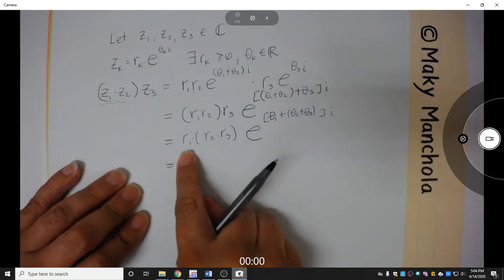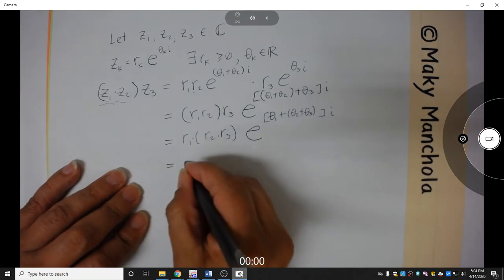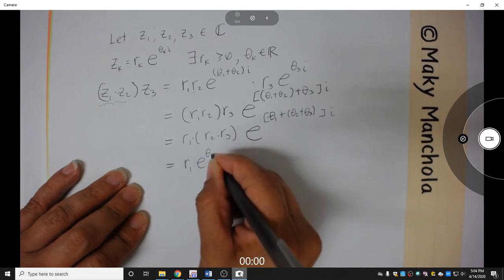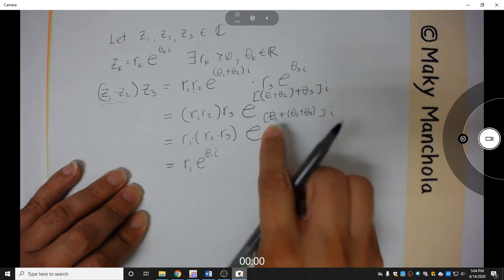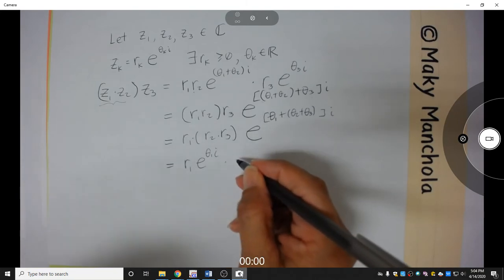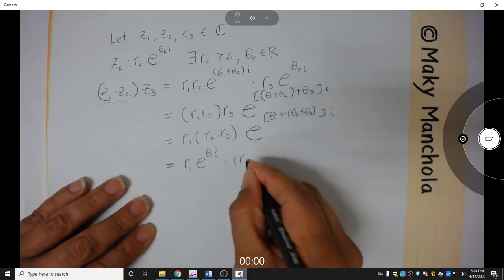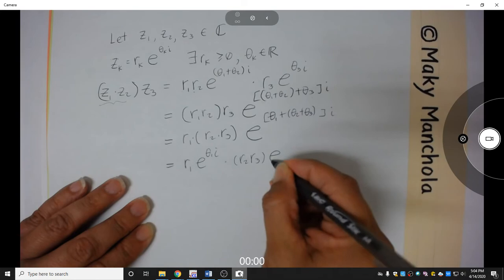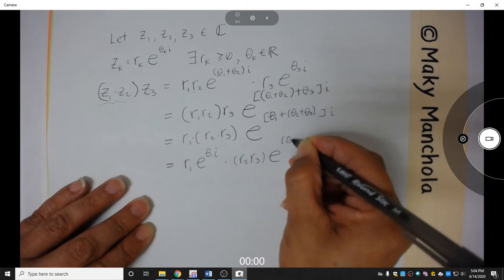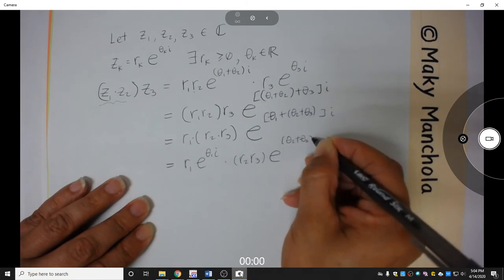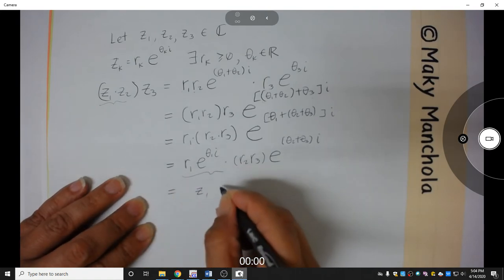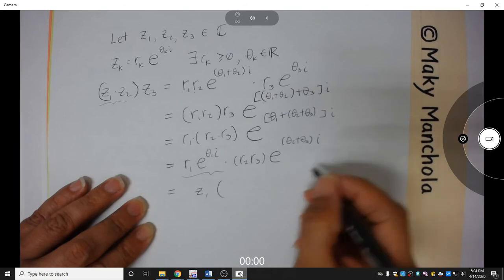This is now the product of the complex number in polar form r1 e to the theta 1 i times the complex number r2 r3 e to the (theta 2 plus theta 3) i. What is that? Well, that's z1, and this is the product z2 z3.